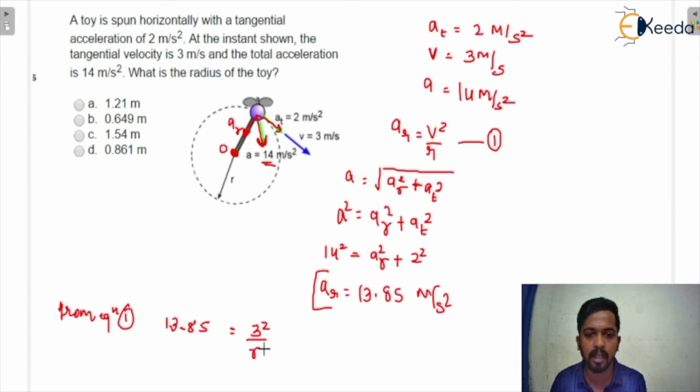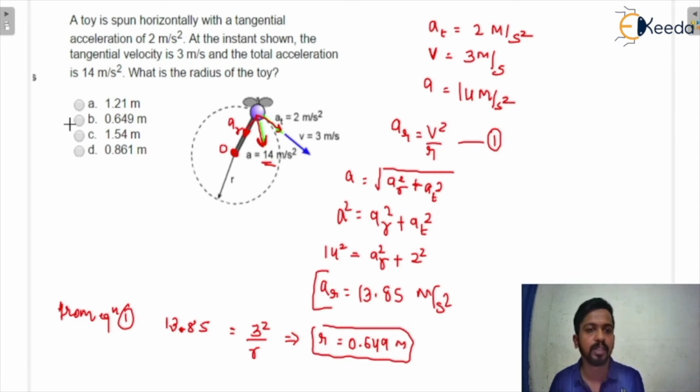Now from here we can calculate the radius of the toy. R would be equal to 9 upon 13.85. So you will get 0.649 meter, and according to the options you can see here that option B is the correct answer.